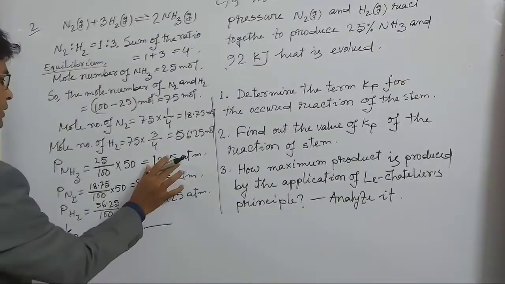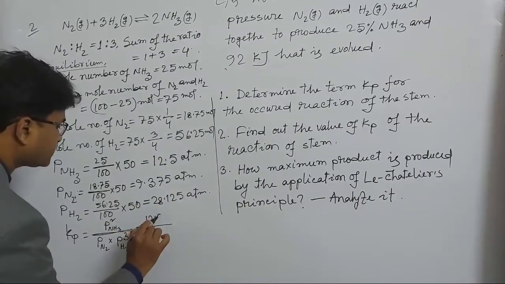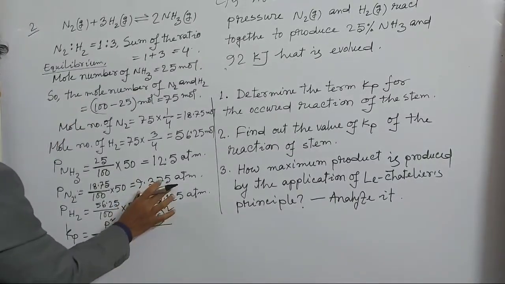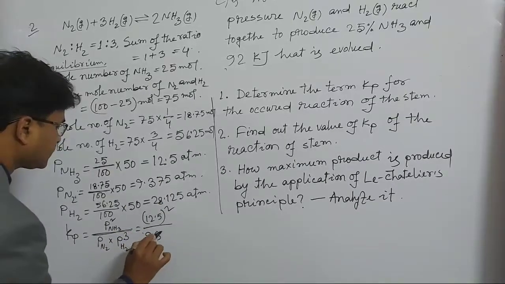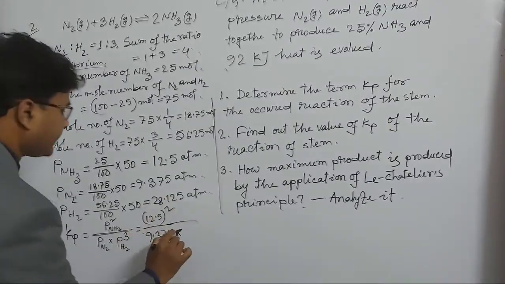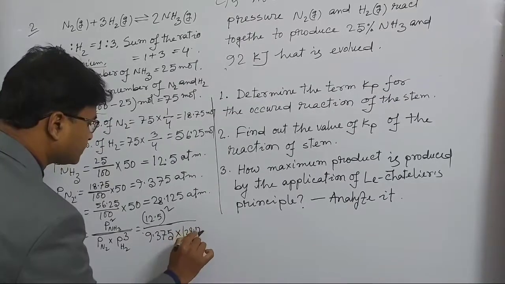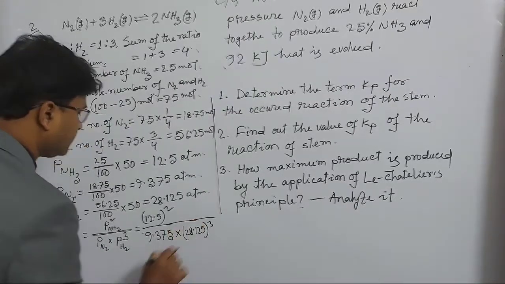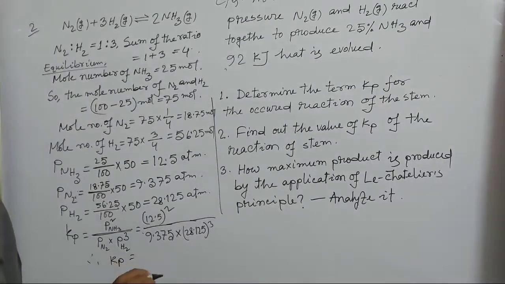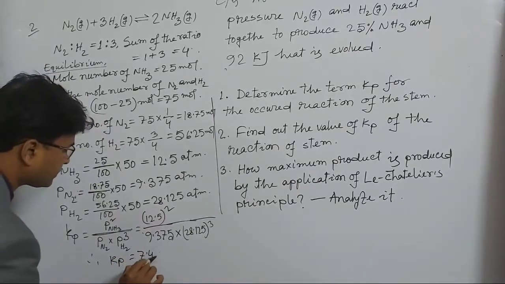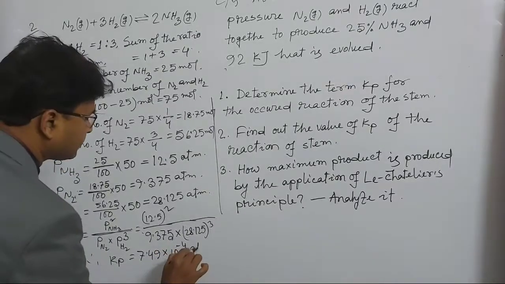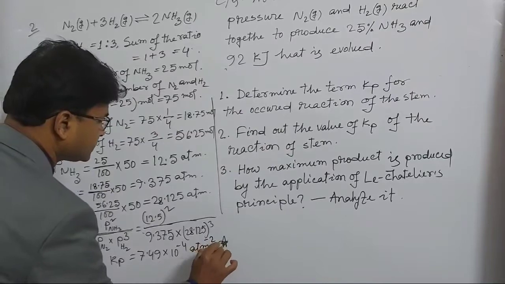Ammonia 12.5 square divided by nitrogen 9.375 into hydrogen 28.125 cubed. So the result Kp is equal to 7.49 into 10 to the power minus 4 atm inverse 2. This is the answer.